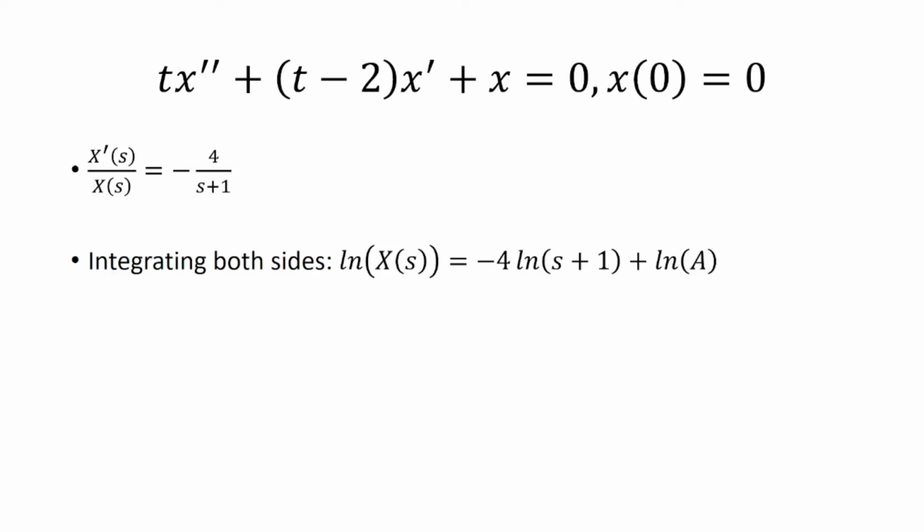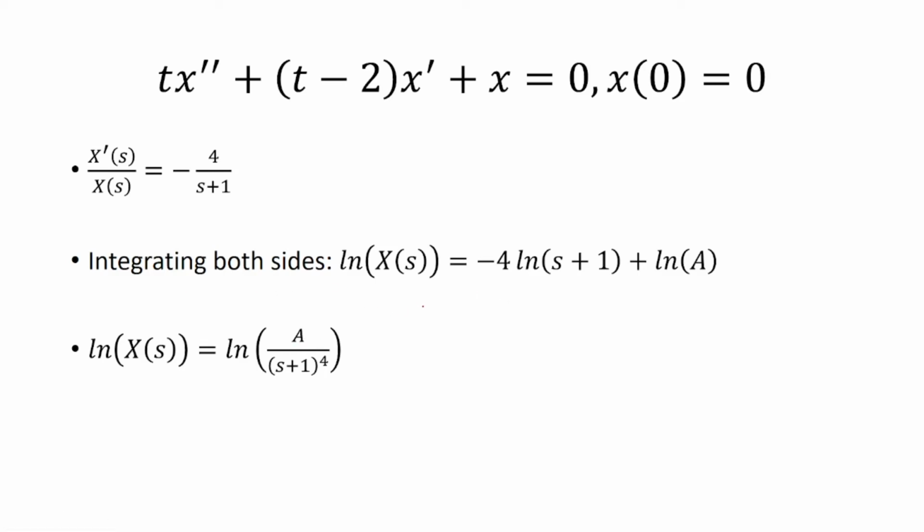Okay, so this constant, I purposely made it equal to the natural log of something. And the only reason I did that is because I can absorb that constant inside the natural log using log properties. So treat this as ln of a minus 4 ln of (s plus 1). So then this is what you get.